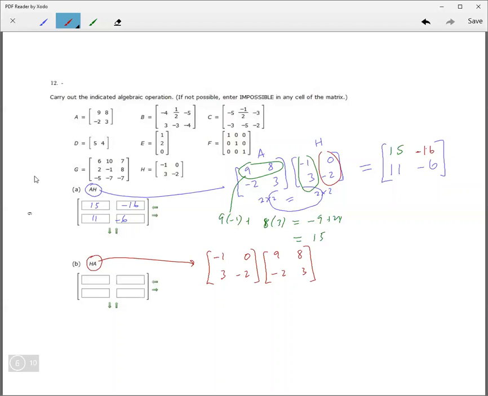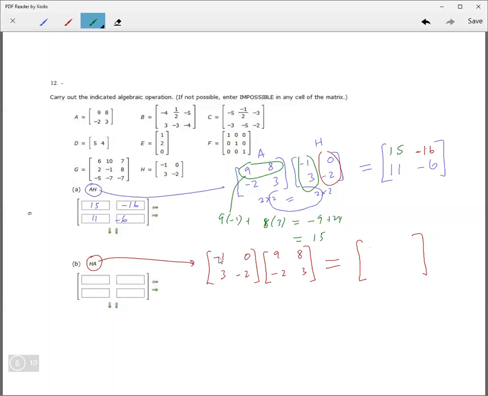And we have seen previously that sometimes you can multiply A times H, but you can't multiply H times A. You can't reverse. Sometimes one you can actually do, and the other one you can't even do. And even when you can do both of them and you're going to get the same size matrix, like this right here, this is 2 by 2, you're going to get a 2 by 2 matrix, but even in that case, you're usually not going to get the same answers.